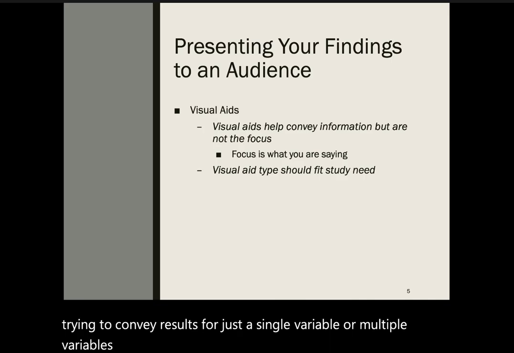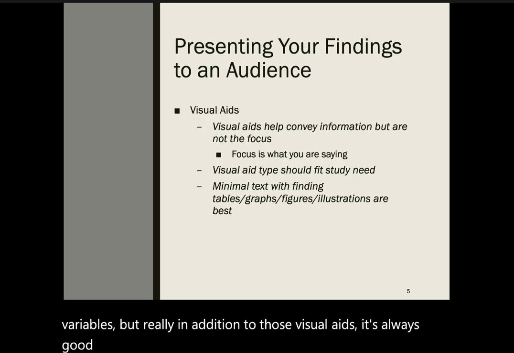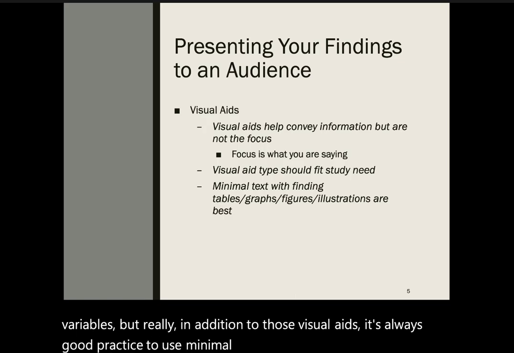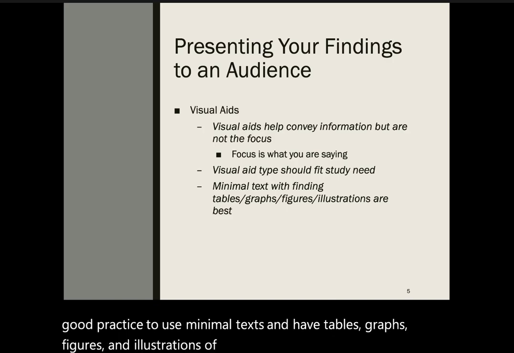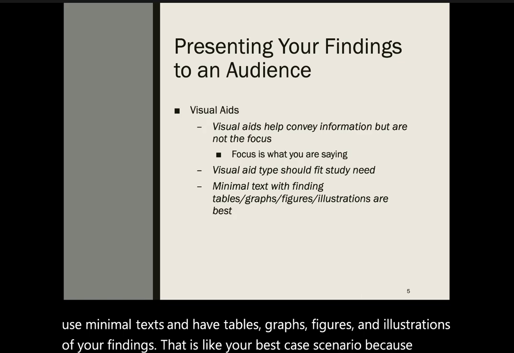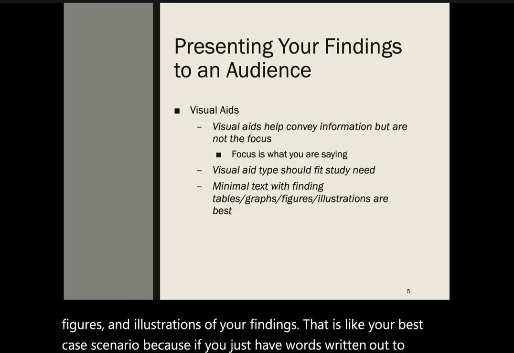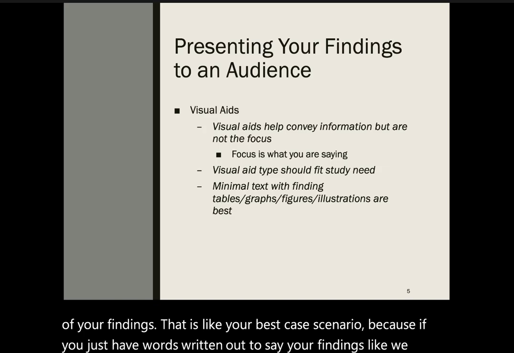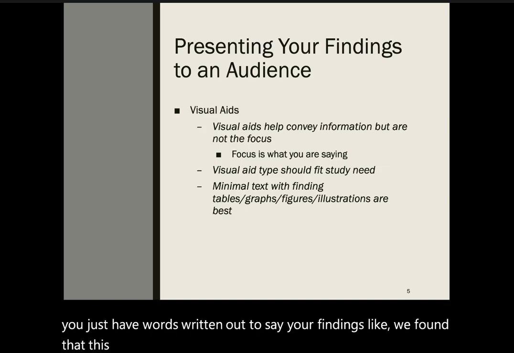But really, in addition to those visual aids, it's always good practice to use minimal text and have tables, graphs, figures, and illustrations of your findings. That is like your best case scenario, because if you just have words written out to say your findings, like we found that this variable did not predict this variable.